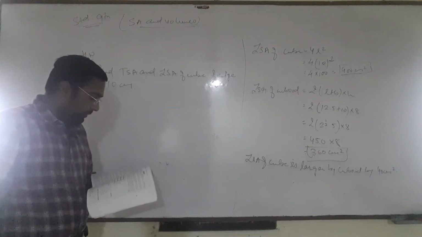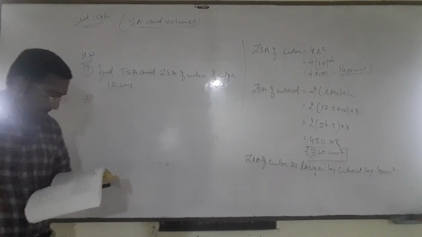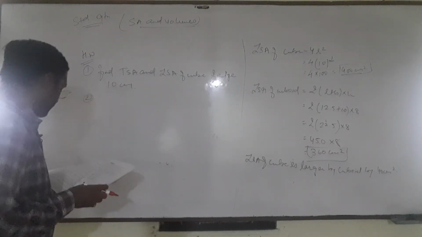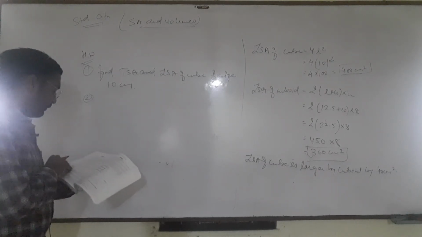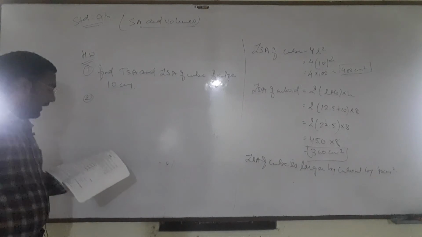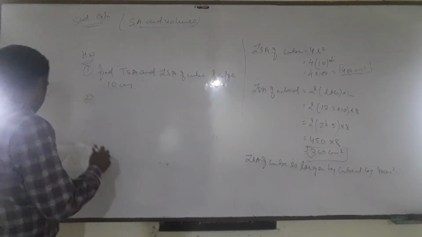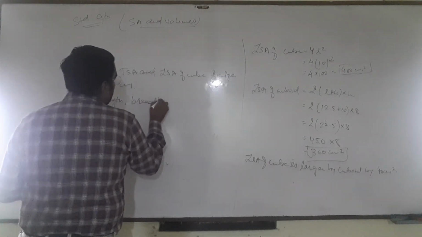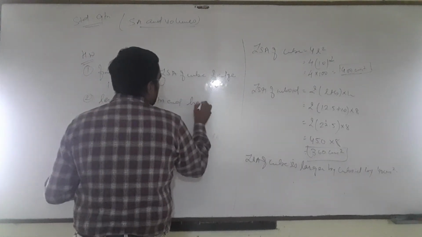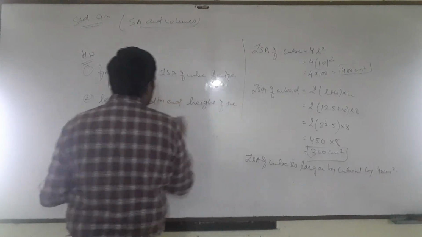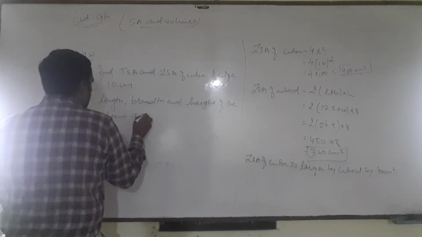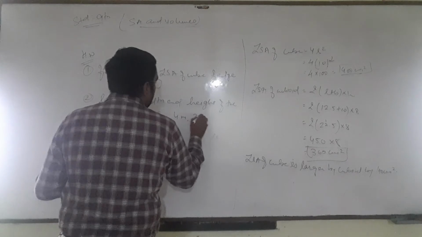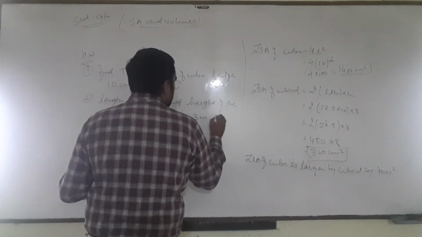Now we have to move on. The length, breadth and height of the room are 5 meter, 4 meter and 3 meter respectively.